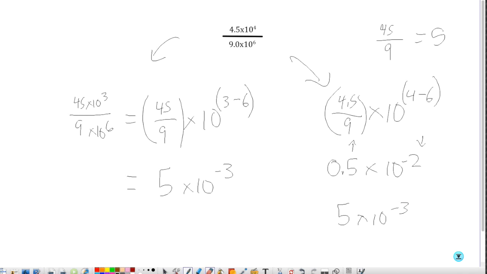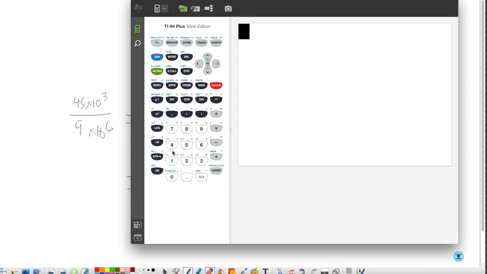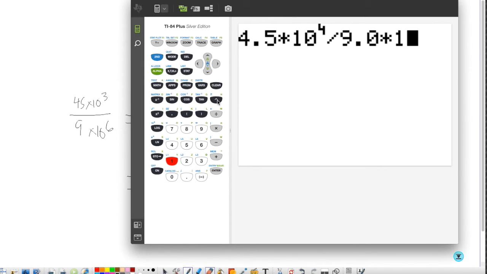Another thing that's interesting here is the way your calculator does this. So if I bring in my calculator, a lot of people, when they try to do a problem like this, will do 4.5 times 10, and then use the little caret, 10 to the fourth, divided by 9.0 times 10, another little caret, 10 to the sixth.